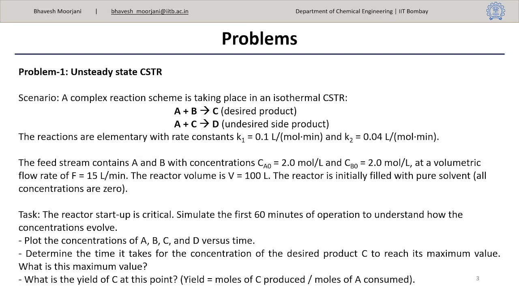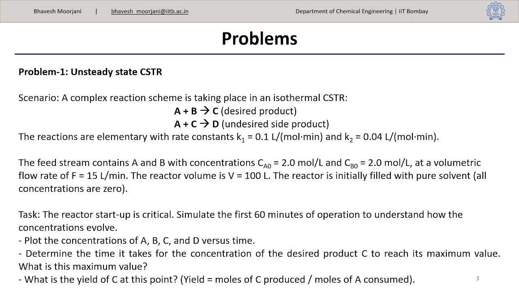Initially, when we start the reactor, since your feed has not entered and your product has not been formed, the concentrations of the reactants, products and intermediates at t equal to 0 will be 0.